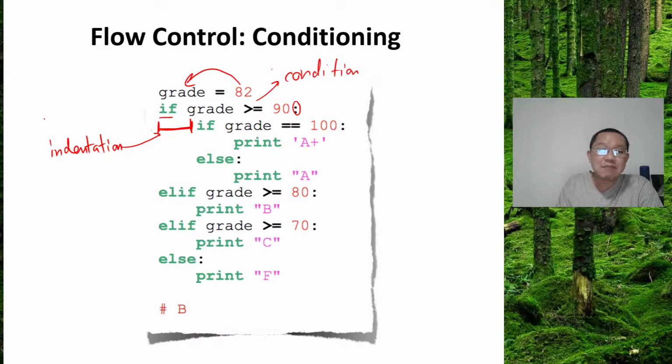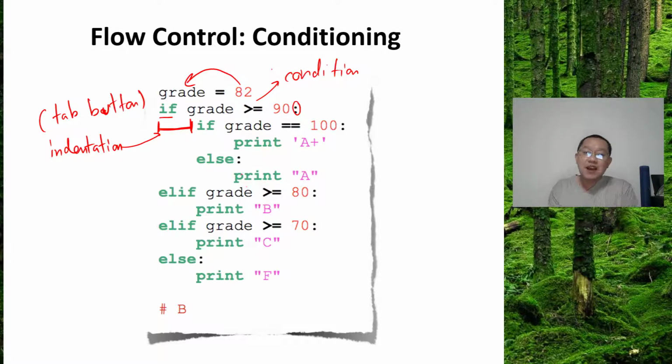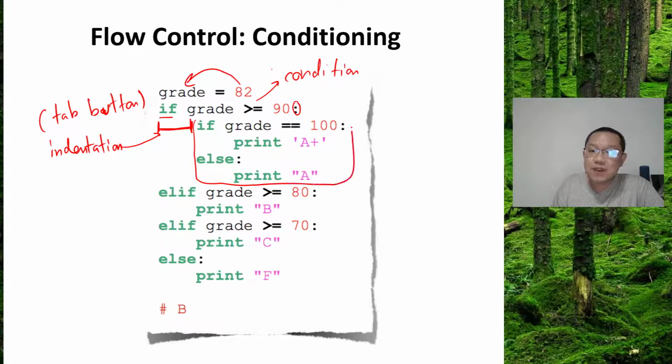Indentation is made by typing the tab button. When you type the commands inside the if condition, if the condition is correct, the command after it will be run.